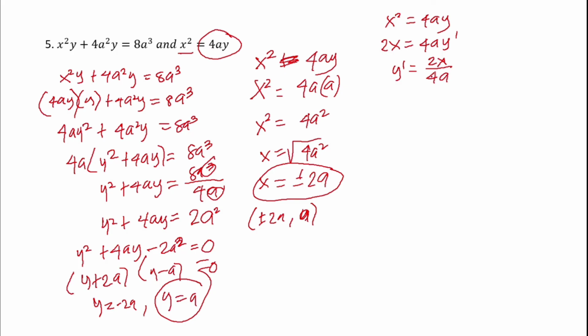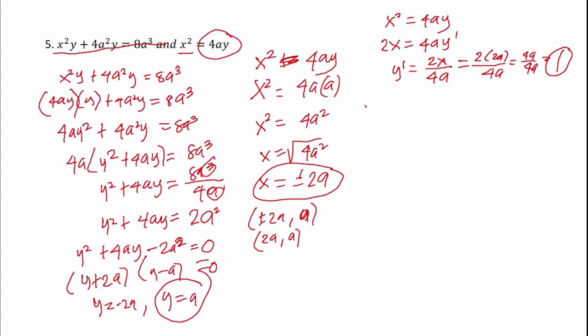Let us take first the value of x as 2a and y as a. So that is equal to 2 times 2a over 4a, which is 4a over 4a. The value for our y prime is equal to 1. Next, we need to find the first derivative of this other part. So this is implicit.